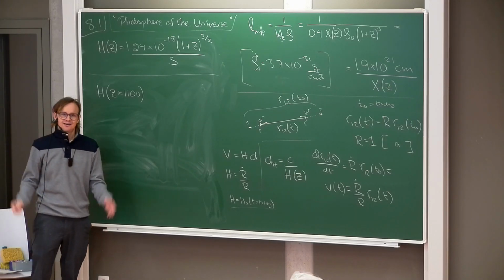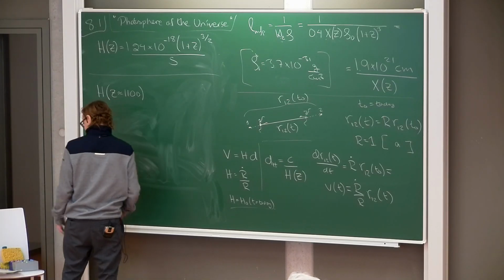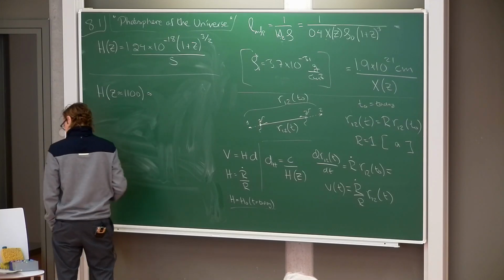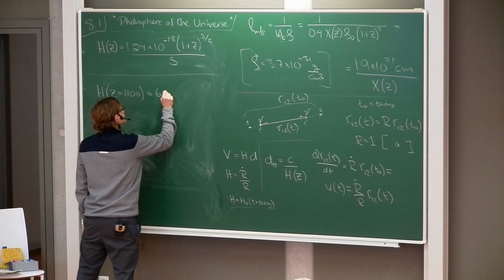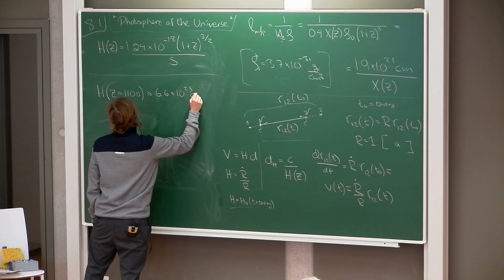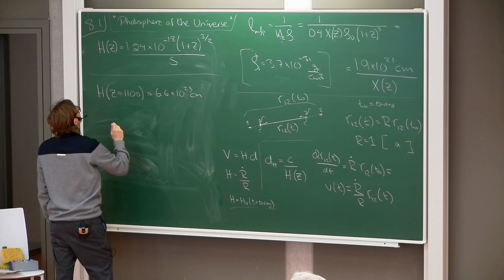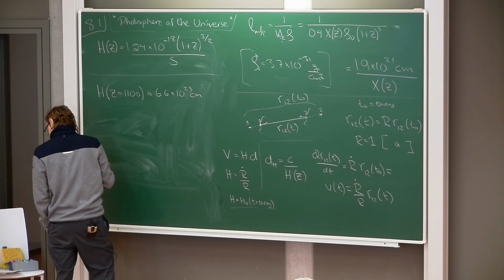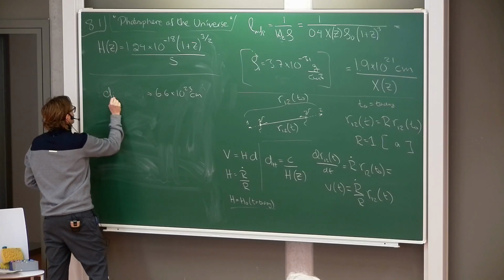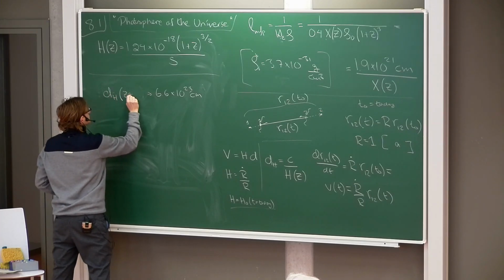Don't ask me why. Probably I had that in my head that it's about 1100. So okay, then this is 6.6 times 10 to the 23 centimeters, as the horizon distance, of course.